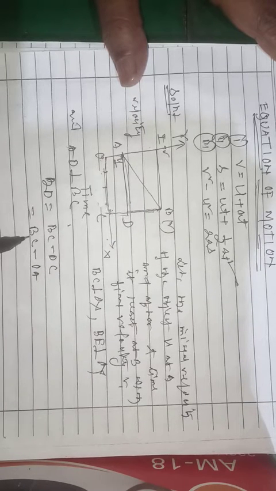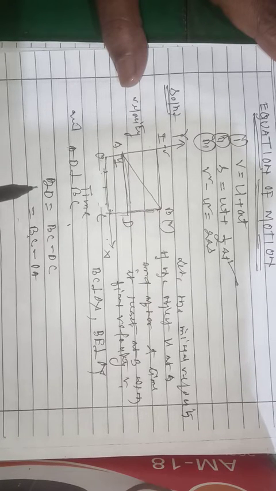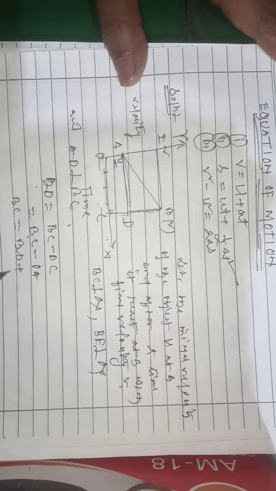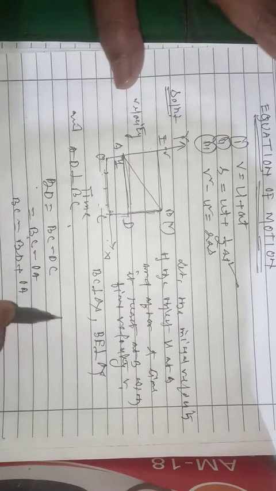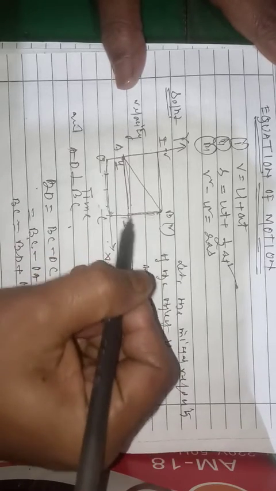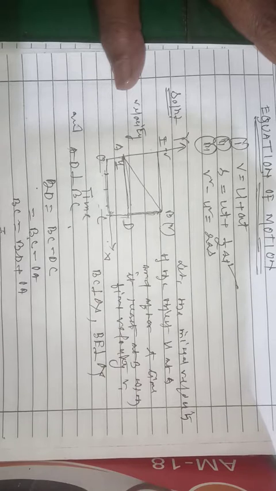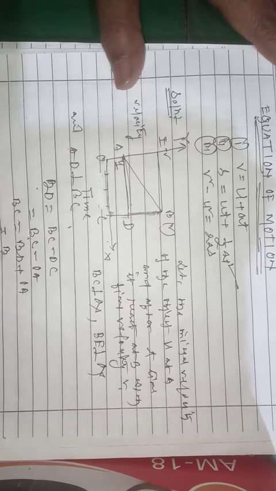Now let's find out BC from here. If you want to find BC, then OA you have to transfer this side. So BC equal to BD plus OA. BD value how much? BD we don't know.